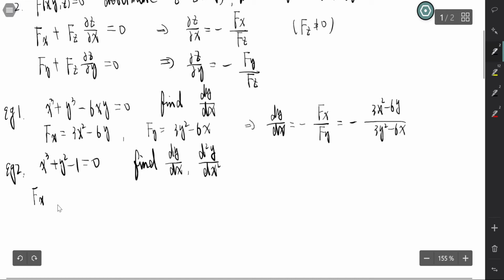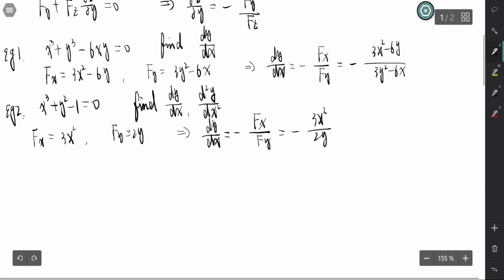First, f_x is 3x squared, and f_y is 2y. So dy over dx is negative f_x over f_y, that is negative 3x squared over 2y.